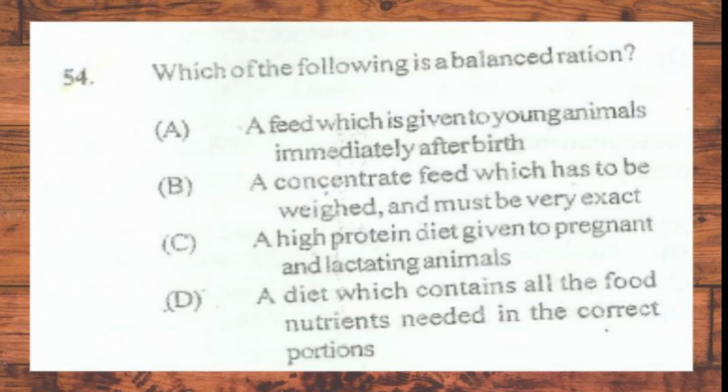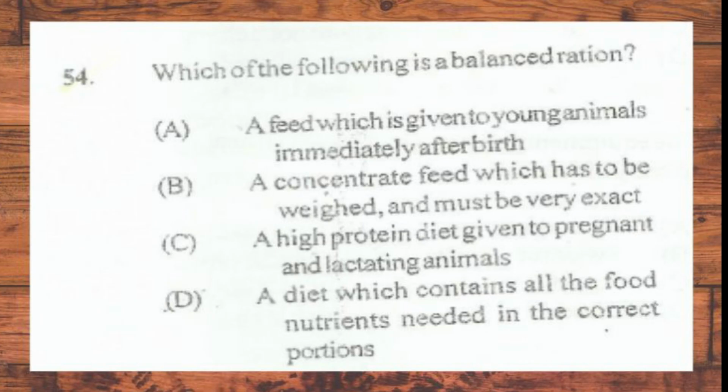B. A concentrate feed which has to be weighed and must be very exact. C. A high protein diet given to pregnant and lactating animals. D. A diet which contains all the food nutrients needed in the correct proportions. The answer is D.